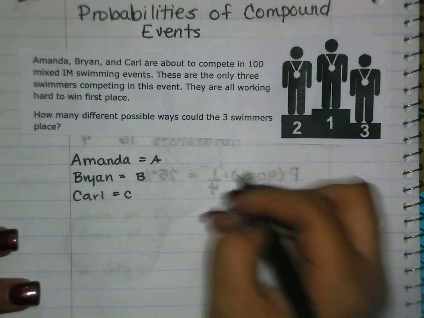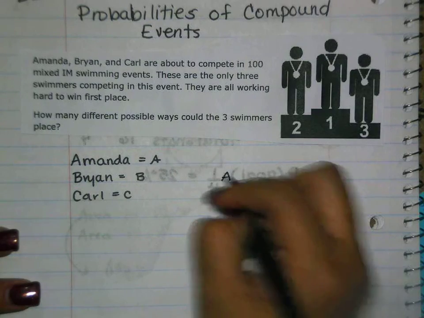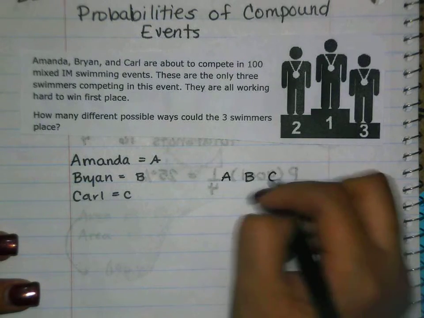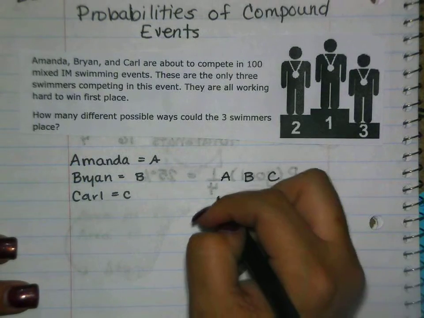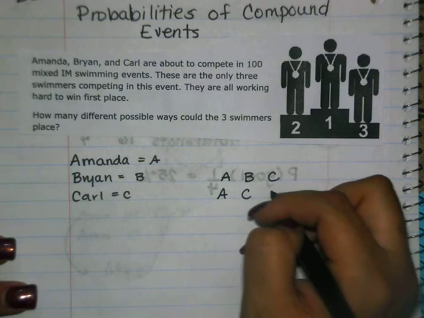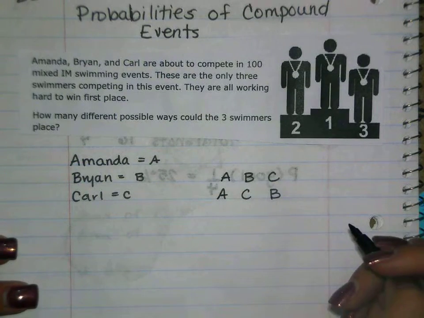So we could have Amanda in first, Brian in second, Carl in third. We could have Amanda in first and Carl in second and Brian in third, right? If we just switch those.